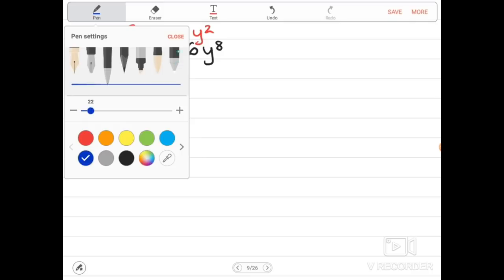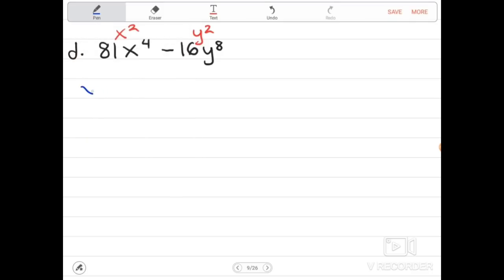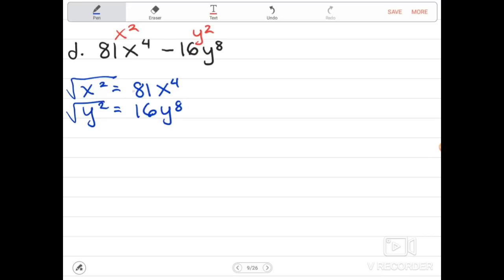So, let us get the value of x squared again. x squared is equal to 81x raised to 4. Then, y squared is equal to 16y raised to 8. Get the square root. So x is equal to 9x squared.